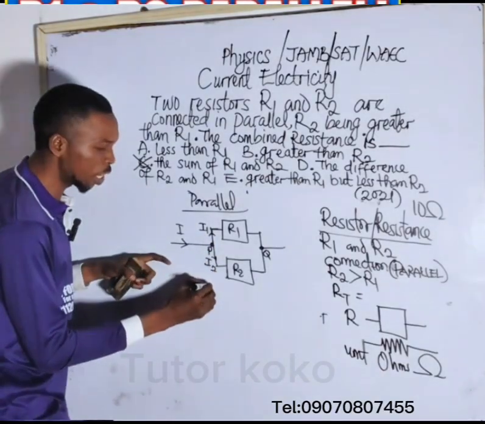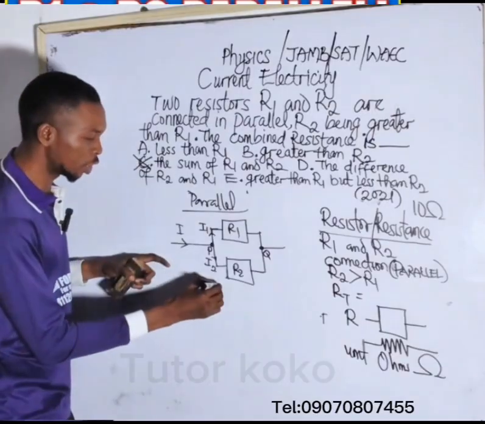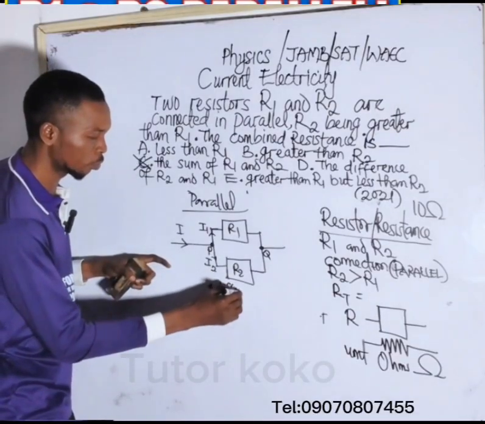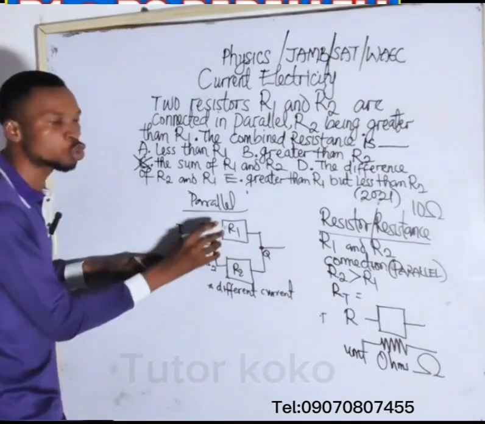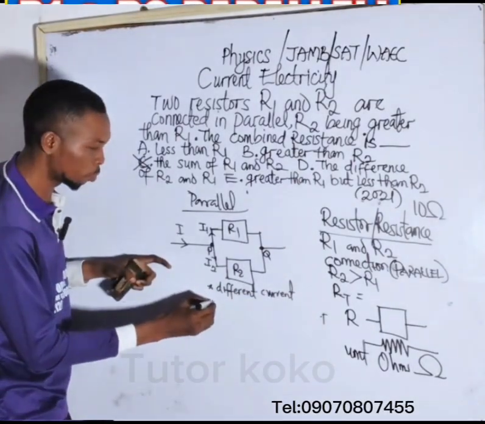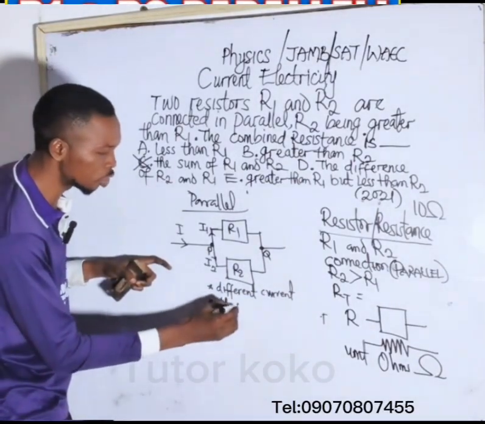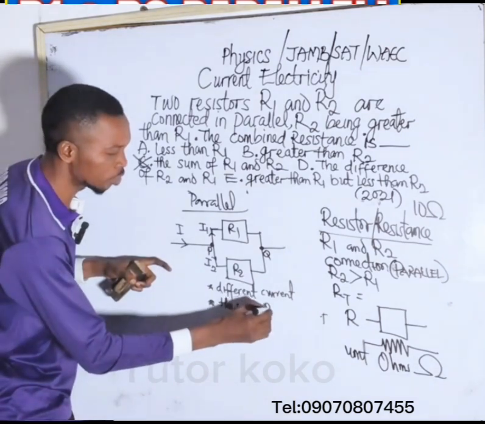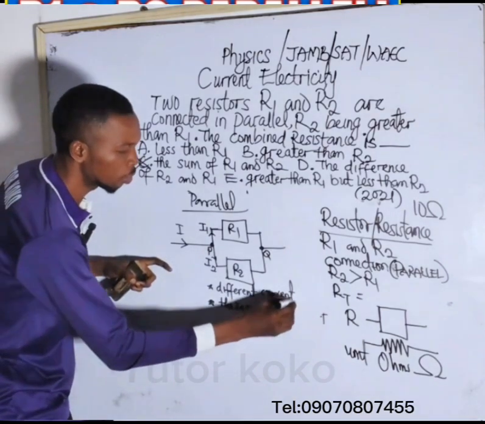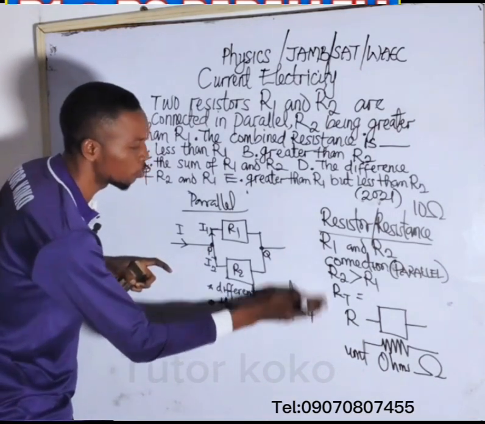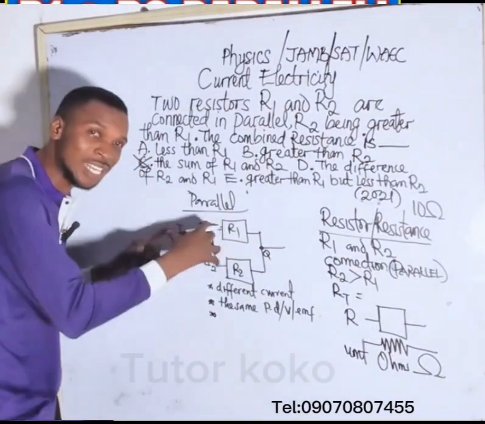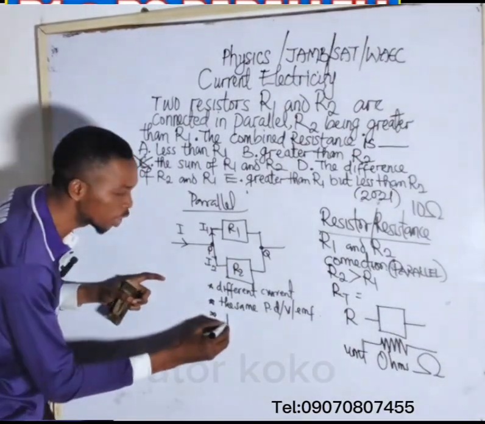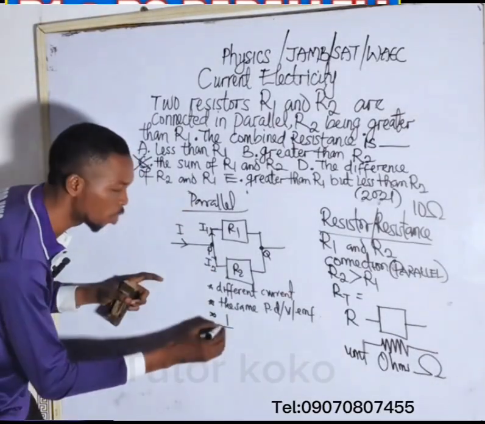That means that in a parallel connection, different currents flow through the resistors, but the same PD. So that is the difference. Same PD, same voltage or electromotive force as the case may be. And finally, if I want to combine the resistors together, this time around it is going to be the reciprocal: 1 over RT is equal to 1 over R1 plus 1 over R2.